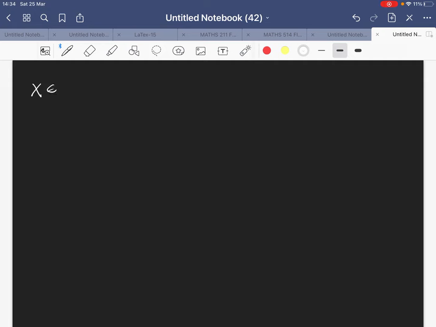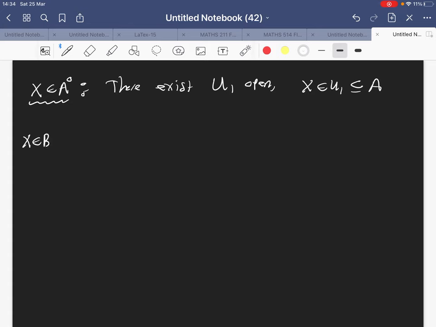So X lives in the interior of A has a meaning, which means there exists U1 open with X in U1, and U1 is in A. And X in the interior of B means the same thing, but a different open set.